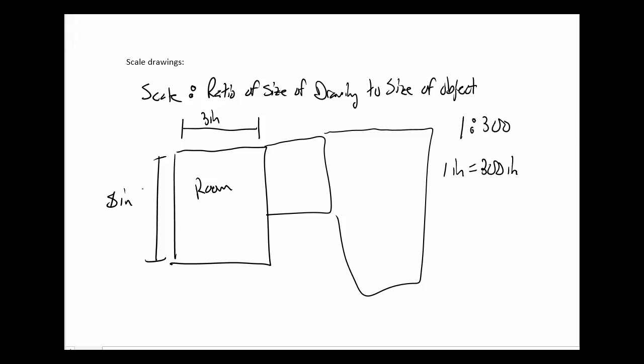I would take each of the inches and multiply that by 300. So 3 times 300 is 900 inches, and 8 times 300 is 2,400 inches.